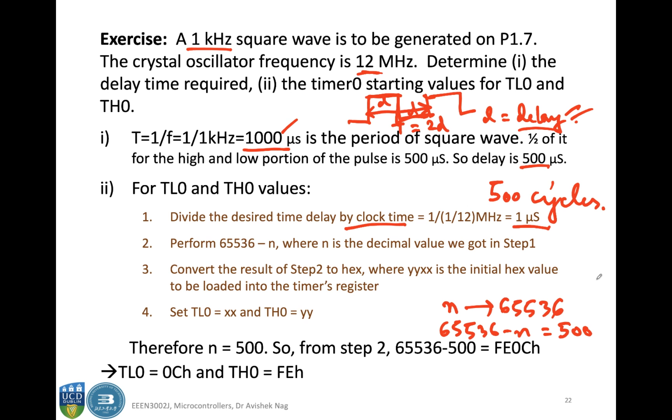So this is 500 in this case. So you can obtain n as 65036, and this is equivalent to FE0C hex, and that you load into your TH0 and TL0. So the higher byte is stored in TH0 and the lower byte is stored in TL0.